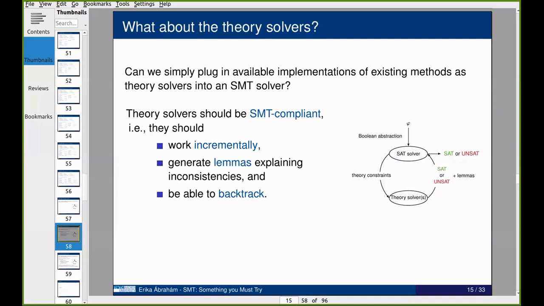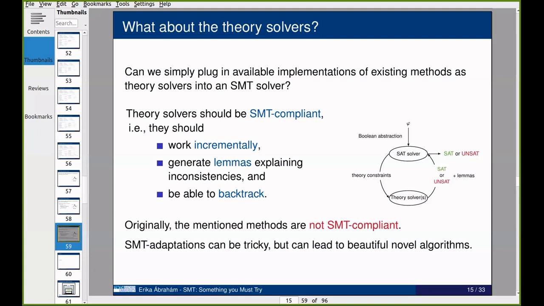And also it needs to give back these explanations, which some methods do not generate in computer algebra systems. So what we did is we started to make these methods SMT compliant, implemented them, and also adapted them to the needs of SMT solving. And some of these adaptations were easy, and some of them were challenging, but at the end, something very nice came out of it.